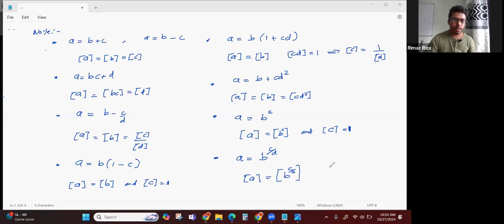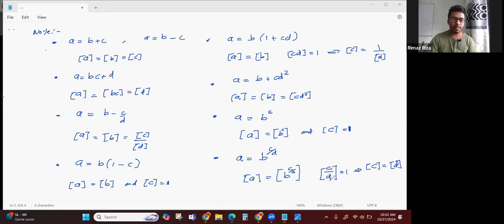And C divided by D, again, the same argument, has to be dimensionless. Therefore, the dimension of C must equal the dimension of D.